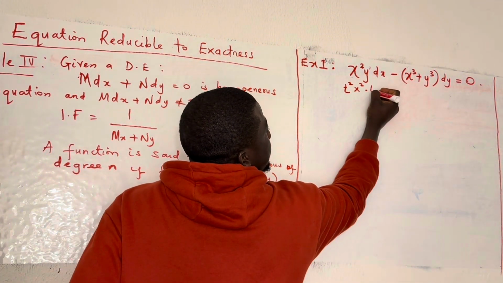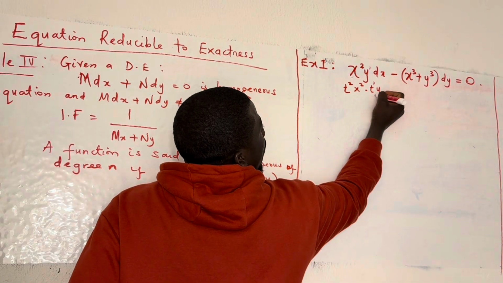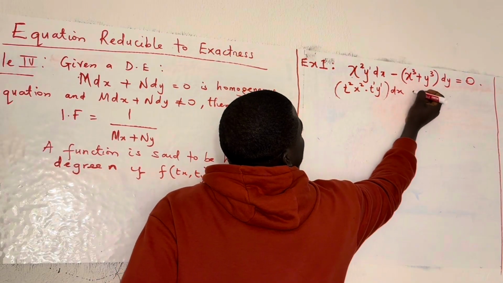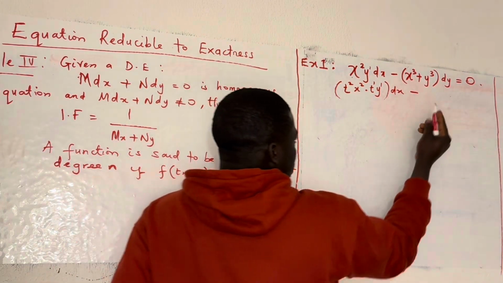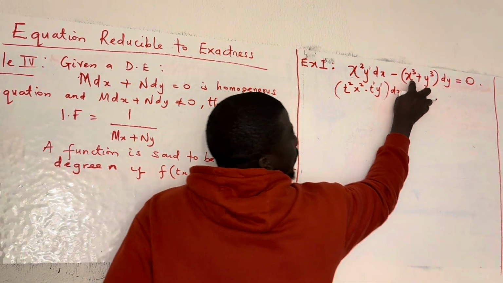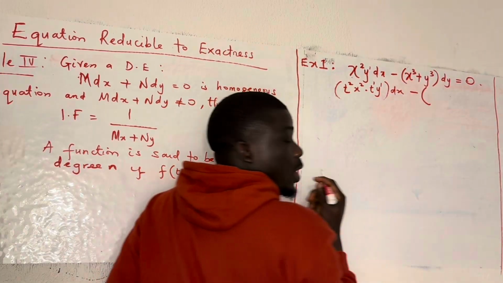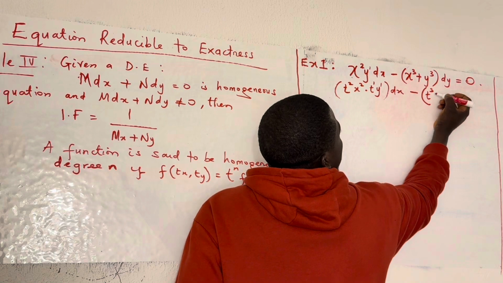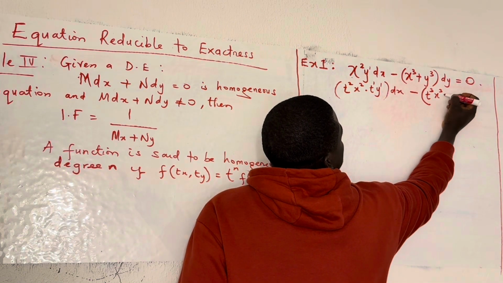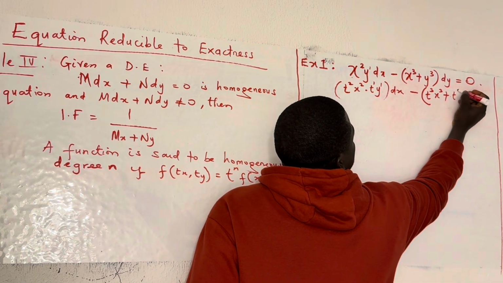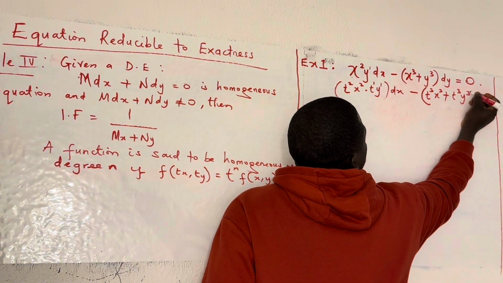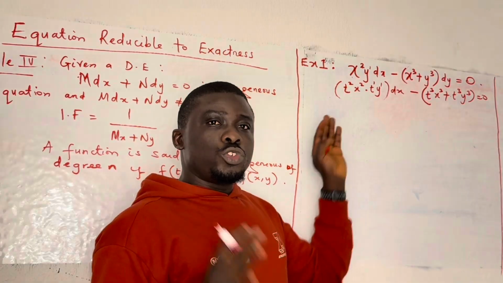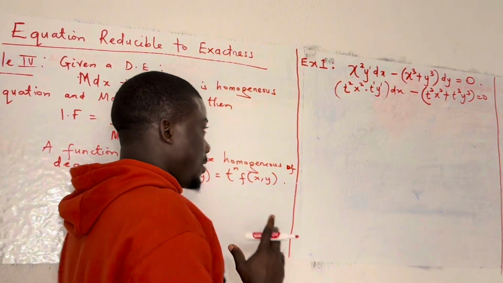So this will be t y raised to power 1, all the dx, minus, we have our x cubed. So the t that we are going to introduce will be t cubed. We have t cubed x raised to power 3 plus t cubed y raised to power 3, all equal to 0. My mission here is to show that the differential equation is homogeneous.